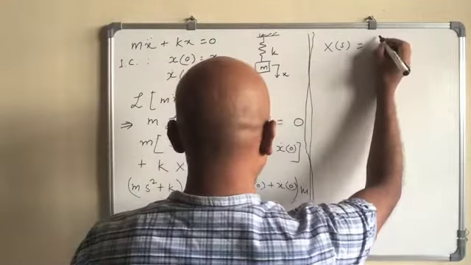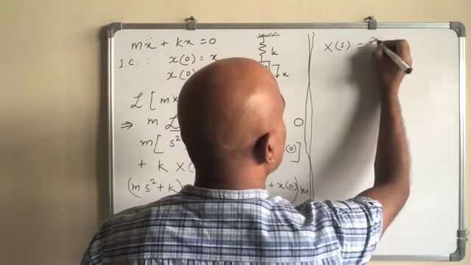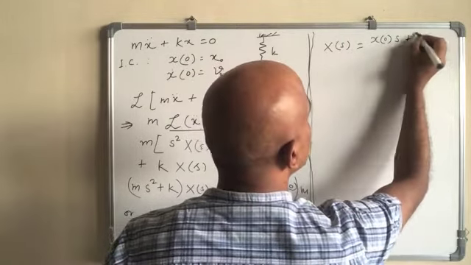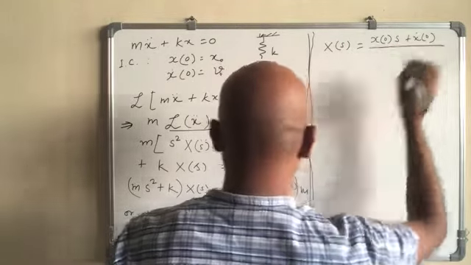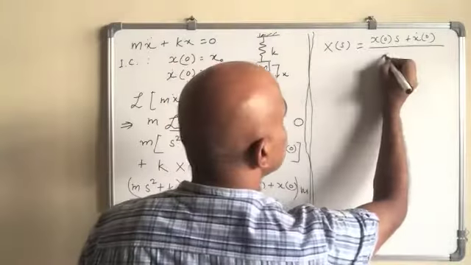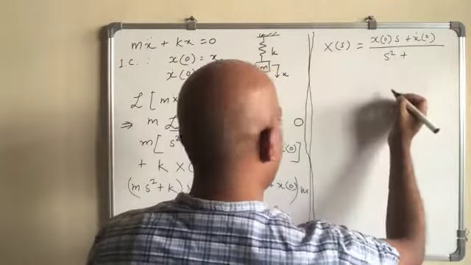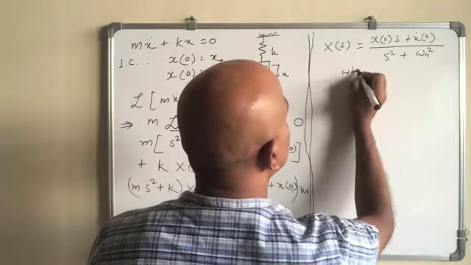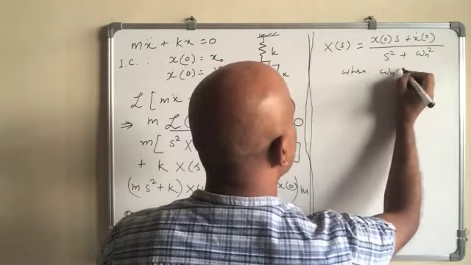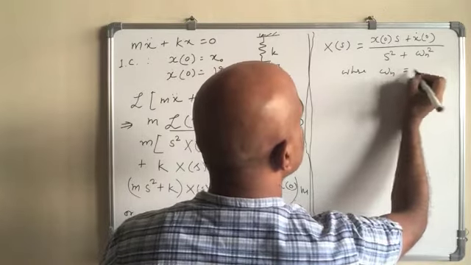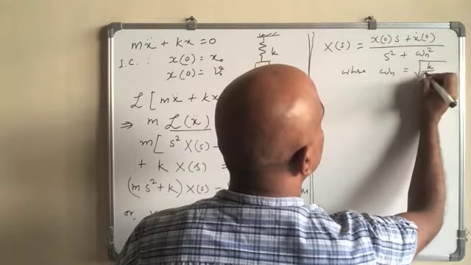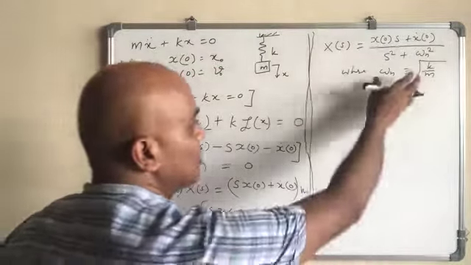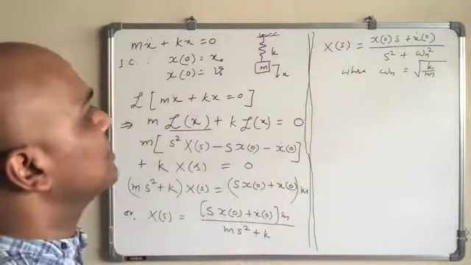What we get is (x(0) s plus x dot(0)) divided by (s square plus omega n square), where omega n is equal to root k over m. We have assumed this earlier also, so we are writing in the same form.